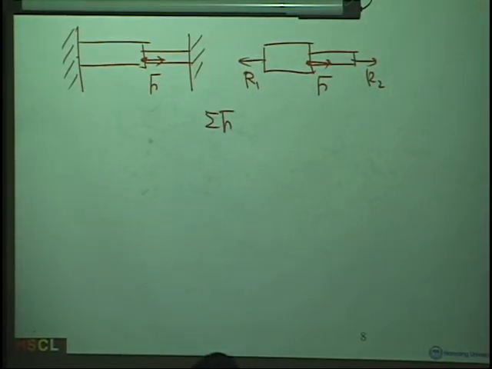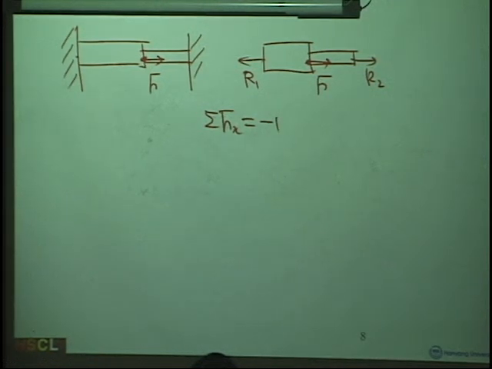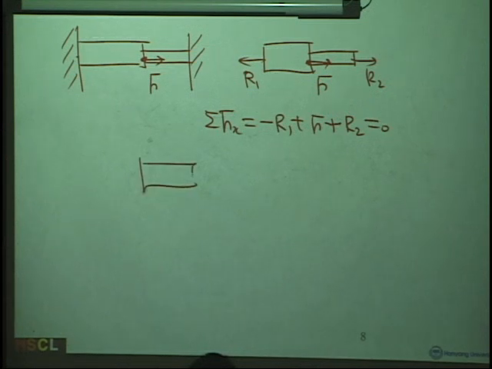Let's say the sum of Fx equals, since you have this R1 on the left-hand side, this is minus R1, right? And plus R2, this will be simply 0.